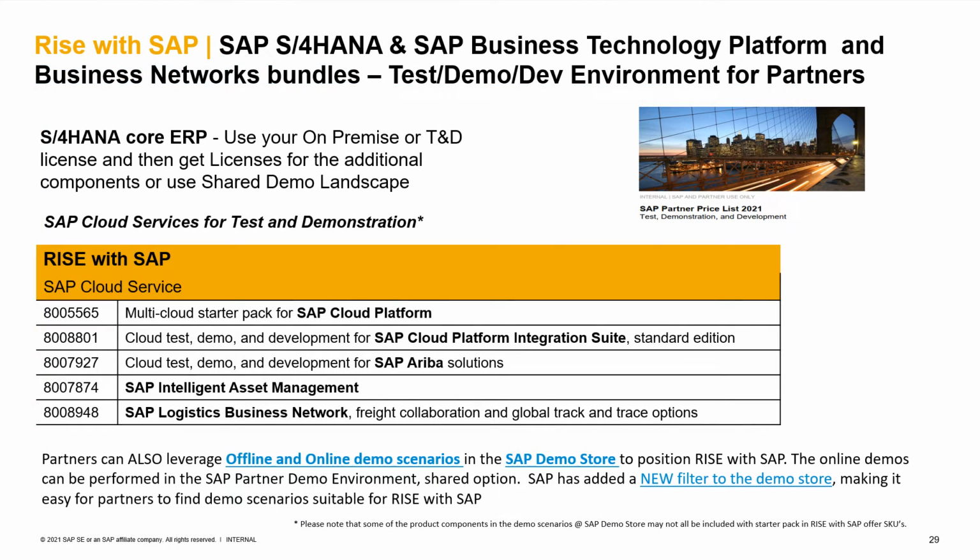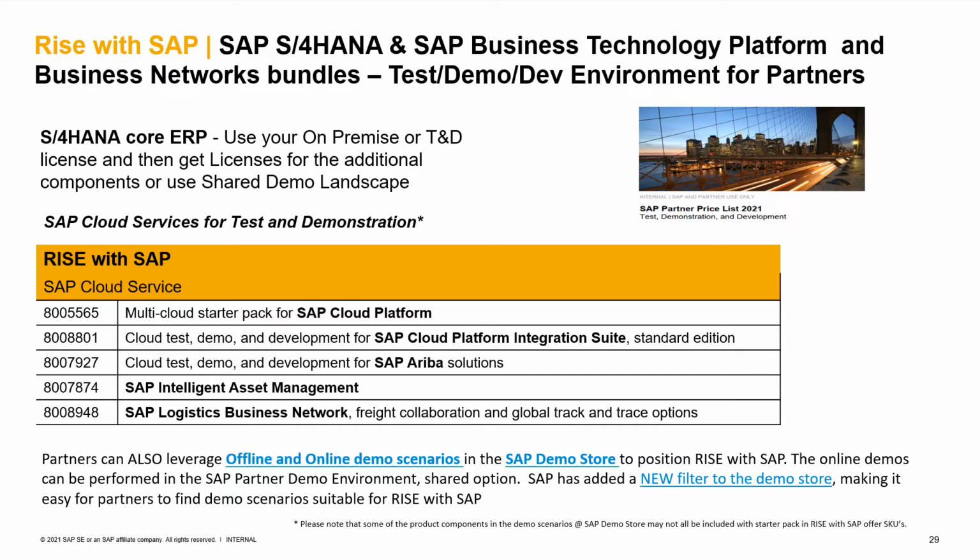The next topic I want to talk about is the test and demo licenses for these additional elements under the Rise with SAP offer. So for the S/4HANA Core ERP, okay, it's the same as your on-premise solution. So just use your on-premise or T&D license and then get licenses for the additional components, or you can use the shared demo landscape.